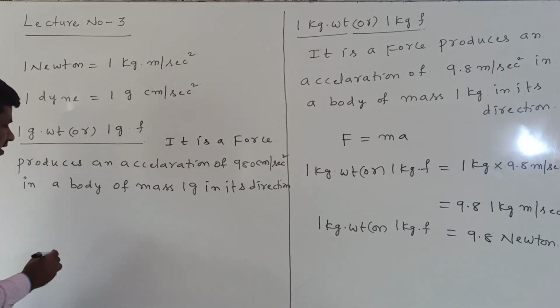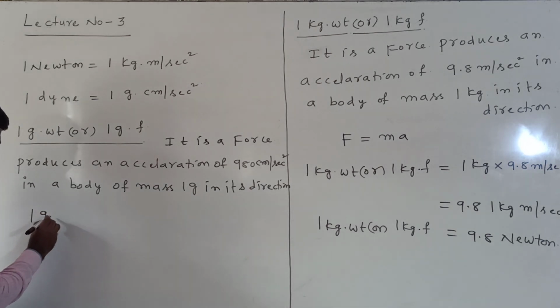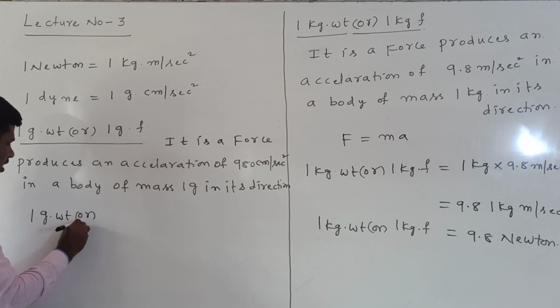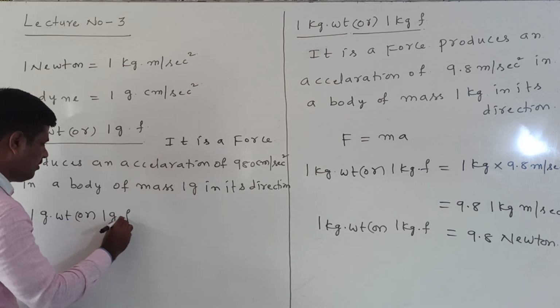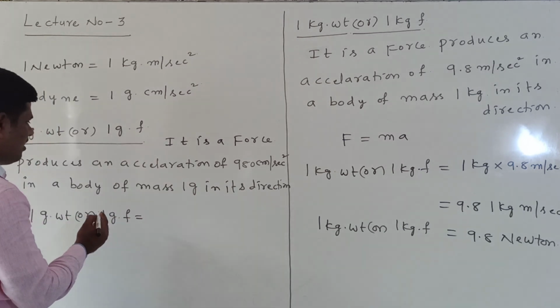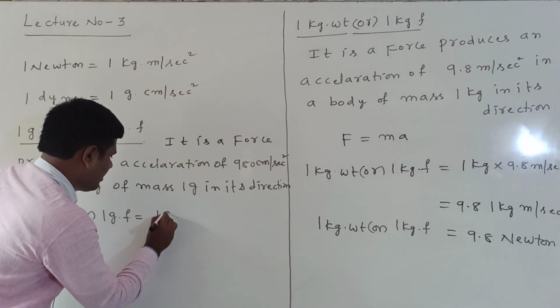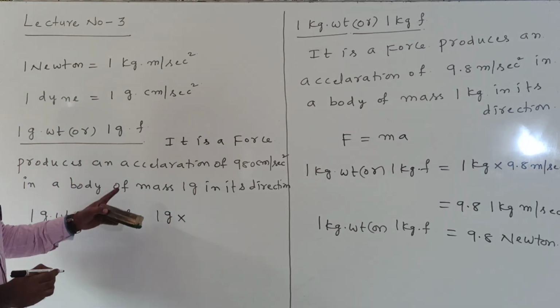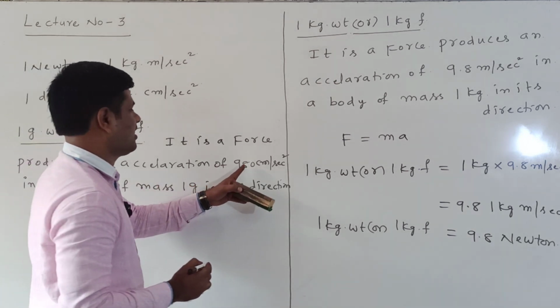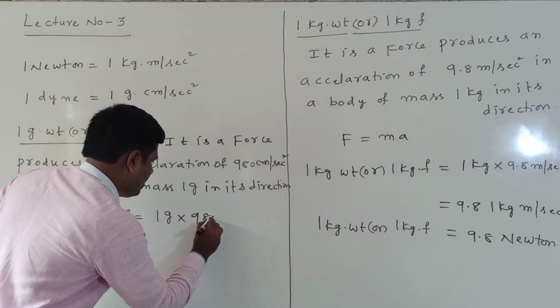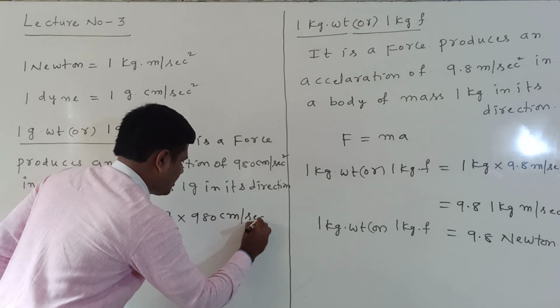Now we write 1 gram weight or 1 gram force as mass 1 gram into acceleration. How much acceleration is produced? 980 centimeter per second square.